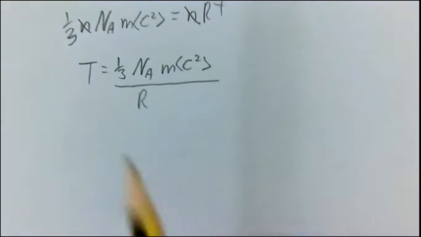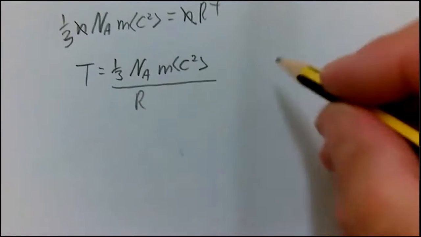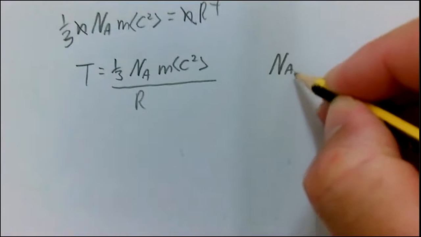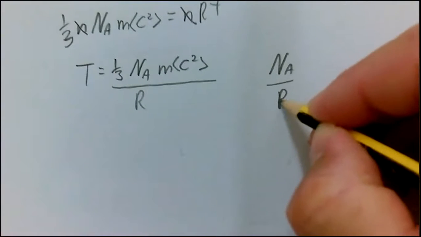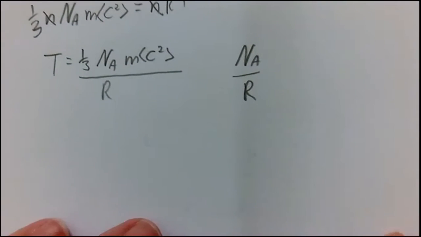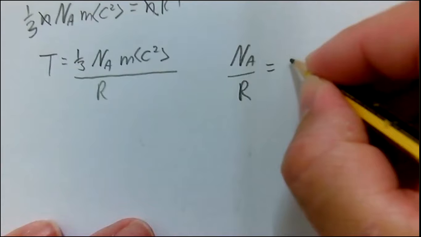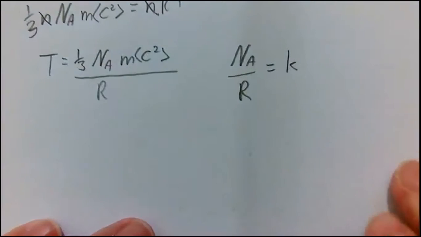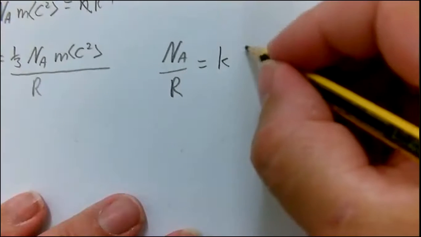That's fine. Okay. Now, Avogadro's number is a constant, and R is also a constant. So it's equal to another constant, which we call k, which is the Boltzmann constant.